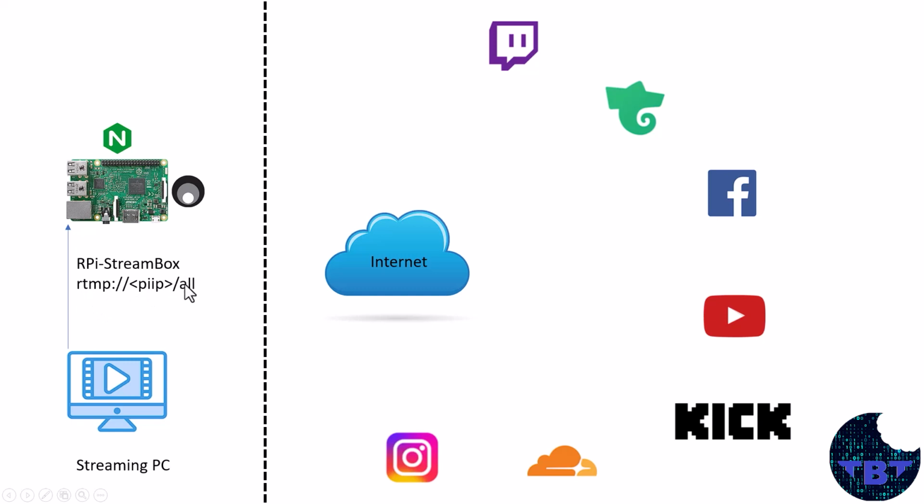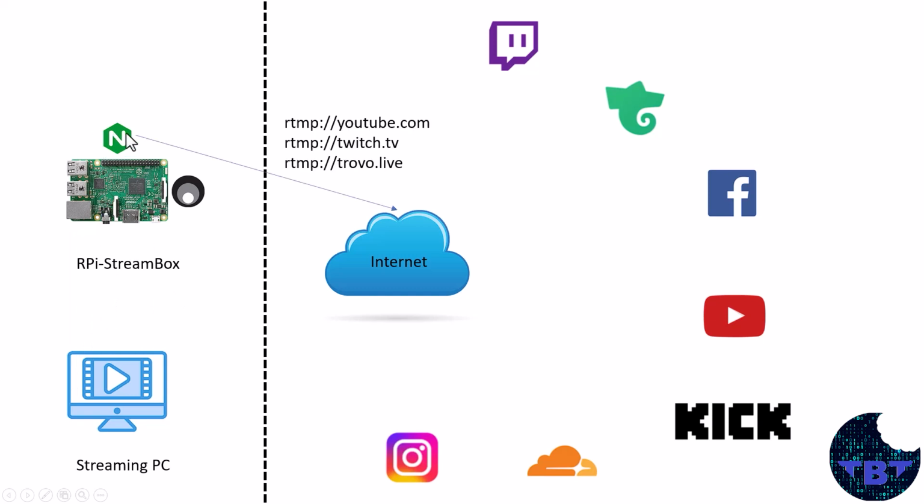And we have enabled 3 of those. So then the Raspberry Pi's Nginx web server grabs that RTMP and broadcasts it on the internet to the 3 platforms at the same time. In this case, we had configured YouTube, Twitch, and Trovo. So it goes at the same time to the 3 platforms, and people can watch that stream in the 3 places at the same time.